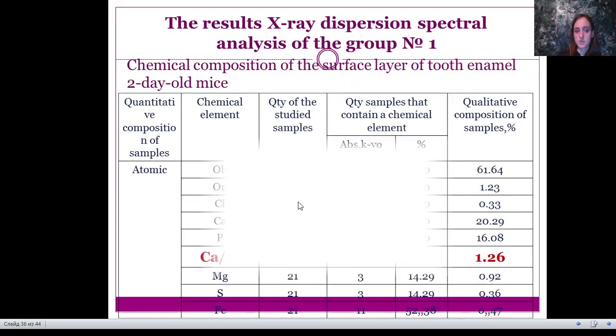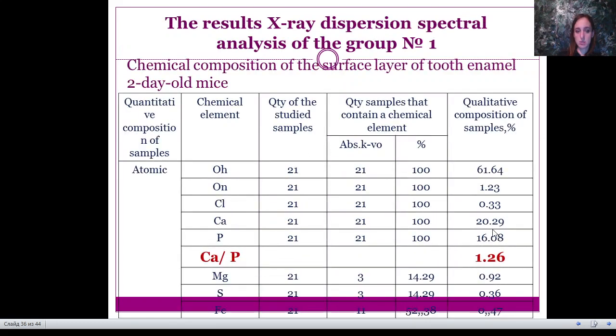And the results, so you can see such tables. It's chemical composition of the surface layers of the tooth enamel of 2 days old mouse. And here are chemical elements and quantitative composition of the samples.